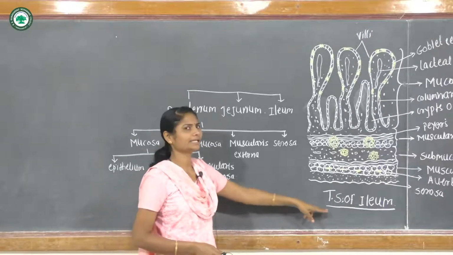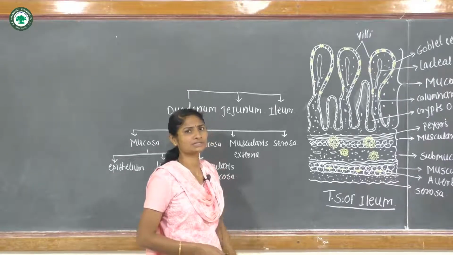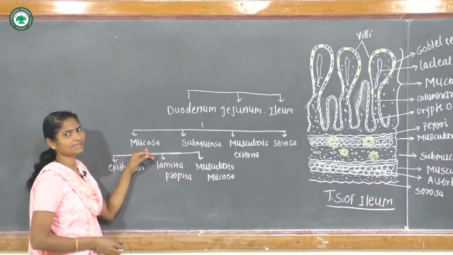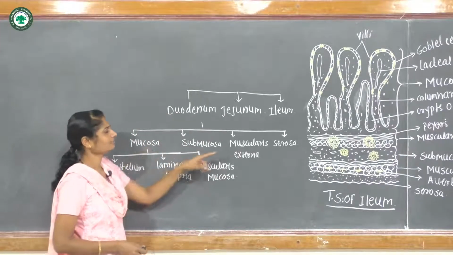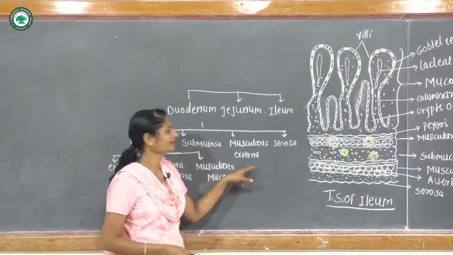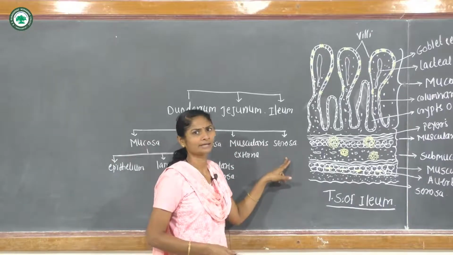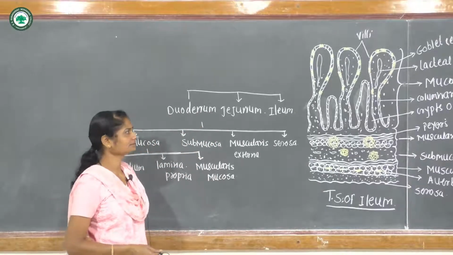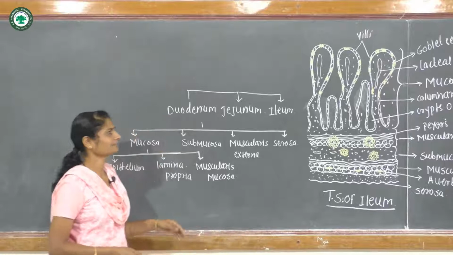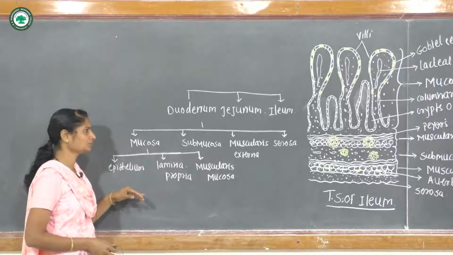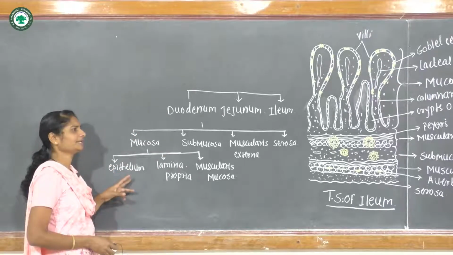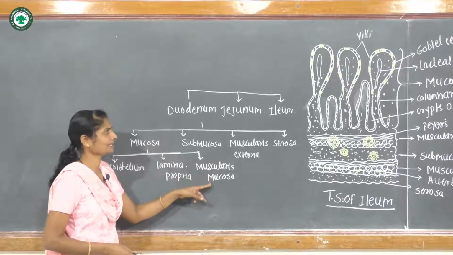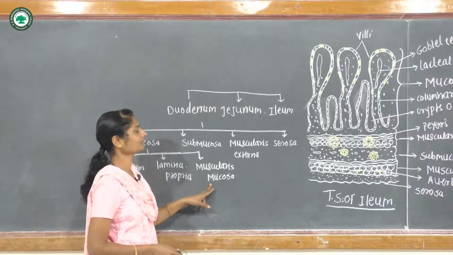Histology of ileum mainly consists of 4 coats: mucosa layer, submucosa layer, Muscularis externa and Serosa layer. First one is mucosa layer. This mucosa layer is again divided into subdivisions: epithelium, lamina propria region and Muscularis mucosa layer.